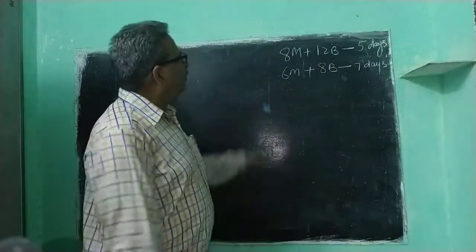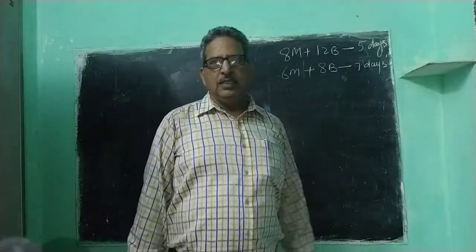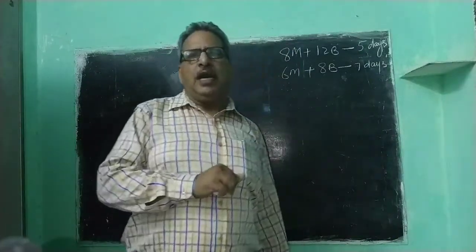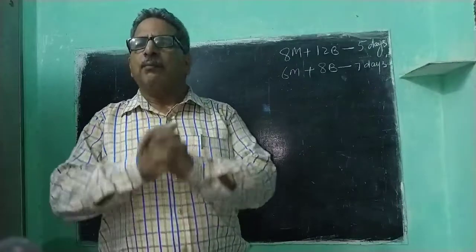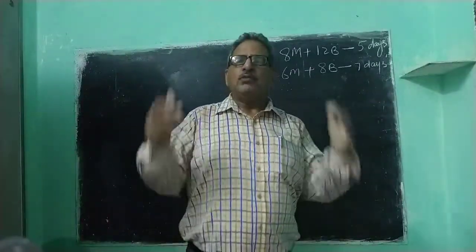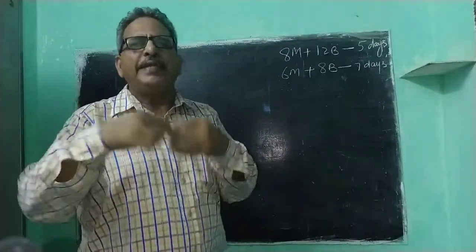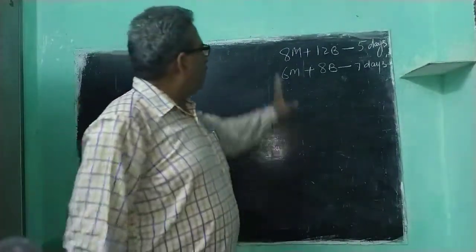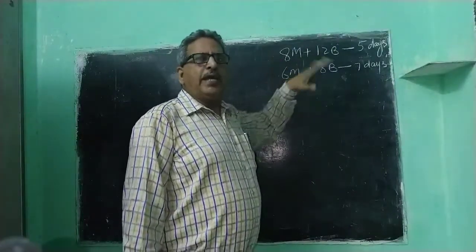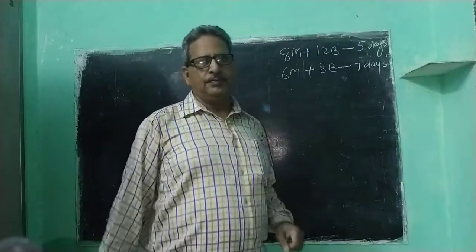And if 6 men and 8 boys work together, the same task is completed in 7 days. Now the question is, how many days will be taken by a man alone, and how many days will be taken by a boy alone?